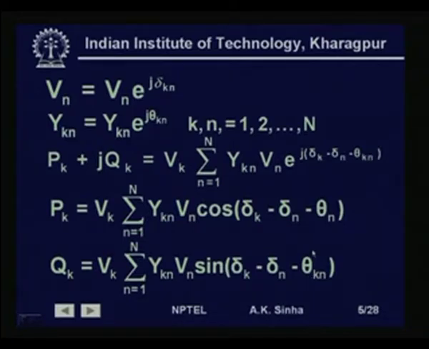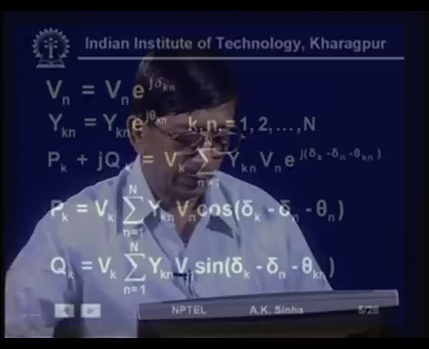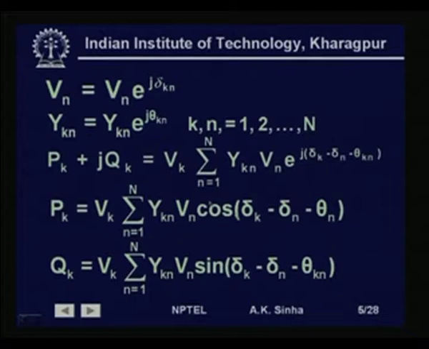So, the power injection equations we see here are related to the voltage magnitude and angle at various bus bars. This set of two equations forms the relationship between power injection and voltage magnitude and angle at various bus bars, and these are the power flow equations for the power network.